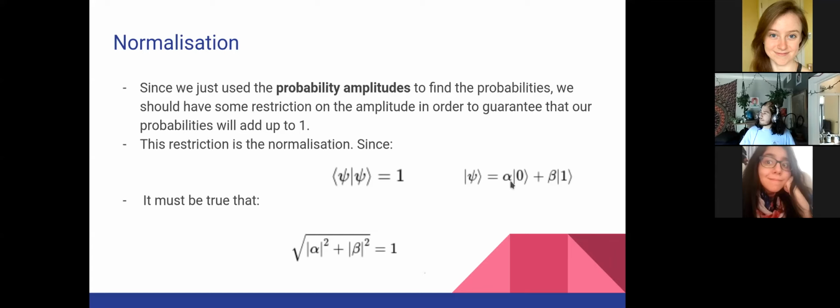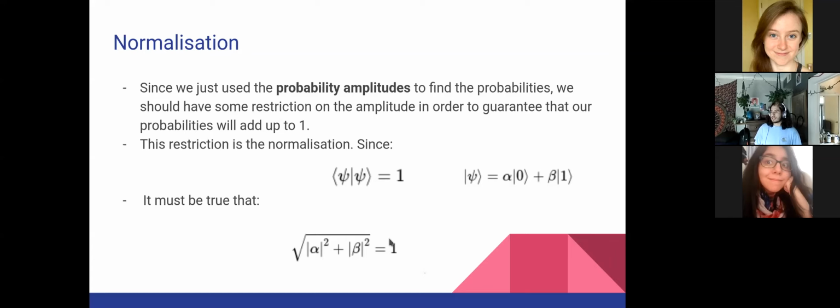And if we have these amplitudes for 0 and 1 that create this state, let's say phi, then it's got to be true that the square root of the absolute value of alpha squared plus the absolute value of beta squared should be equal to 1, right?